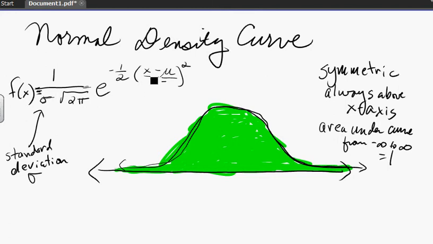Here's my variable. My x is going to be values along the horizontal axis. And this mu, you call this mu. And this is going to be our abbreviation for the mean of a whole population of data. And I'll write that out one more time. It's a U where the left-hand tail is really long.